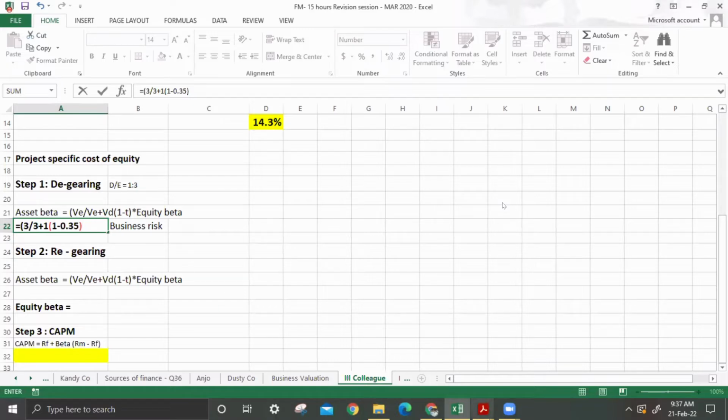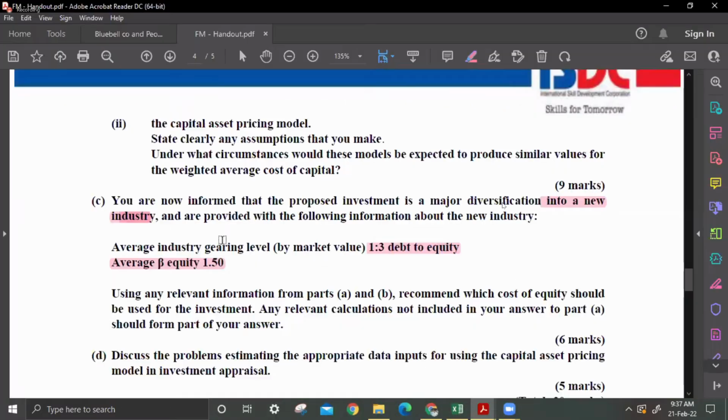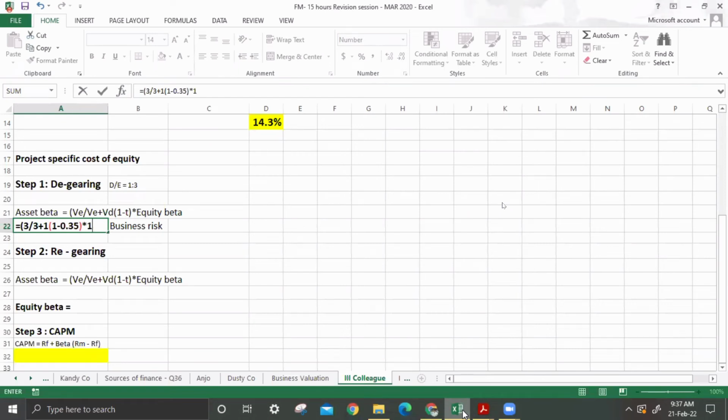Into what is the equity beta? 1.50. So how much is your asset beta? Only Ashwin has given me the answer. What about others? Check your answer, Nitin.